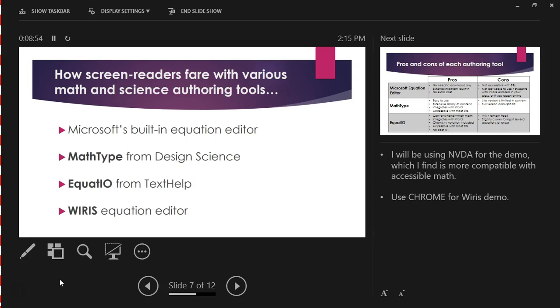I'm going to show you some authoring tools today that I do encourage you to use, although it sounds like Concha's already using something that does interact nicely with screen readers. This is really important, especially if you have a student in your class who has a visual impairment and is going to need to read the math content on a computer.